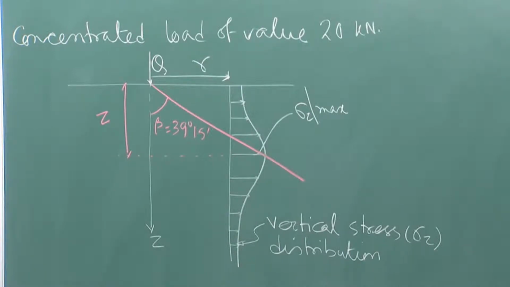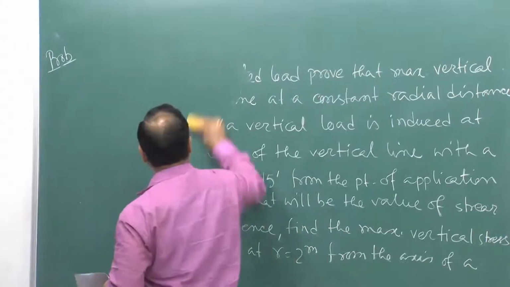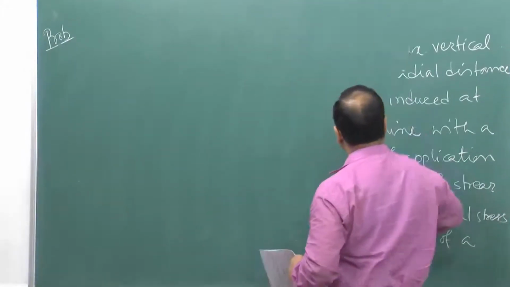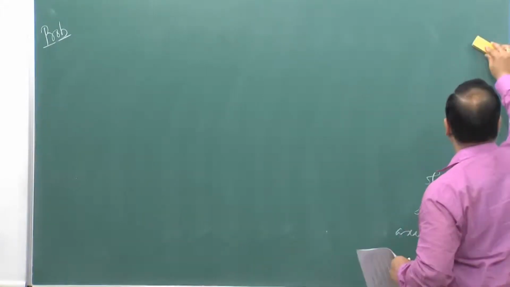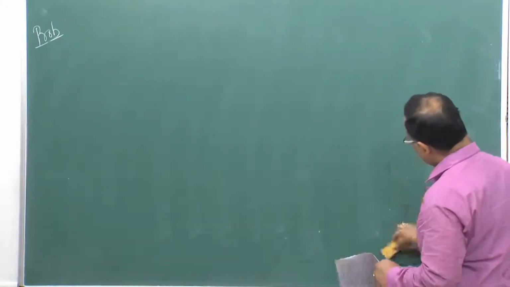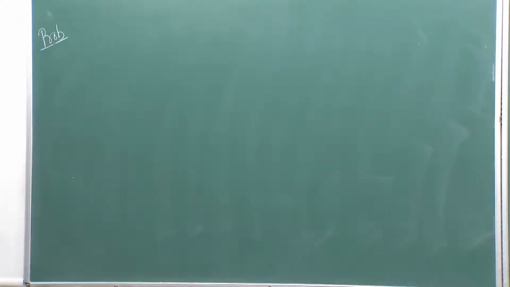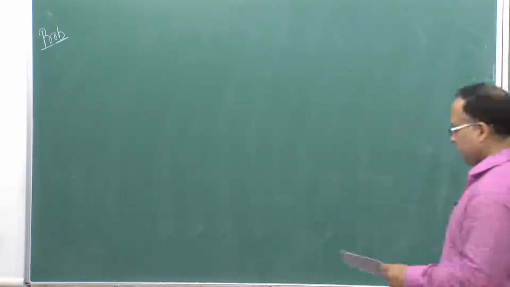So, the vertical stress magnitude or the expression is already given in the lecture class. However, shear stress distribution we have not discussed, which will be discussed now itself, because we are taking this problem.